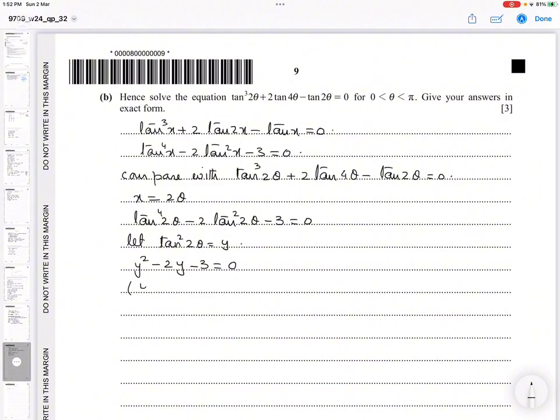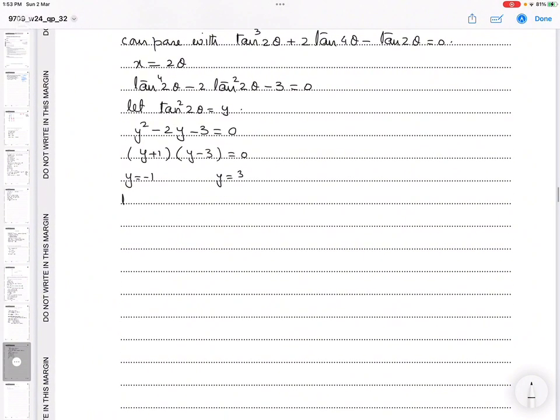You will get the factors y plus 1 and y minus 3 equals 0. So one y equals negative 1 and the other y equals 3. So tan square 2 theta equal to negative 1 has no solution.